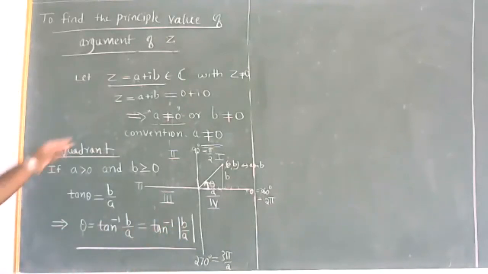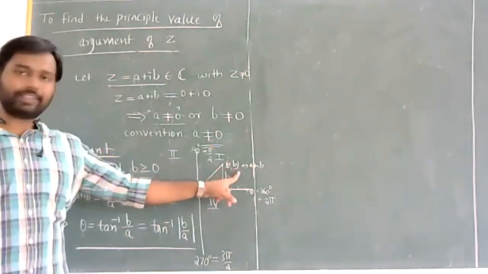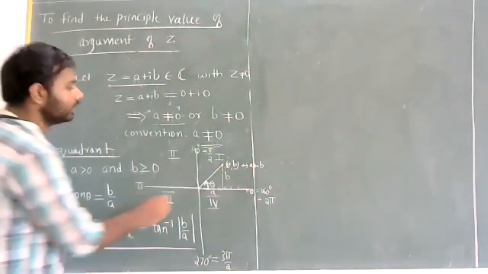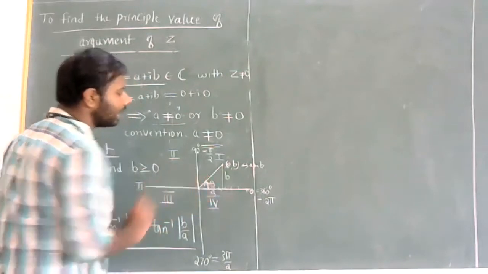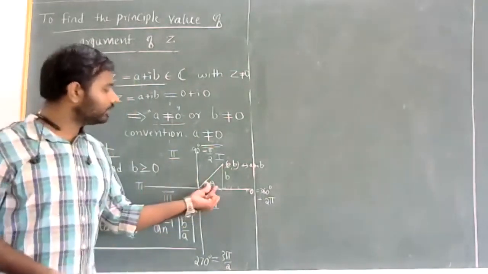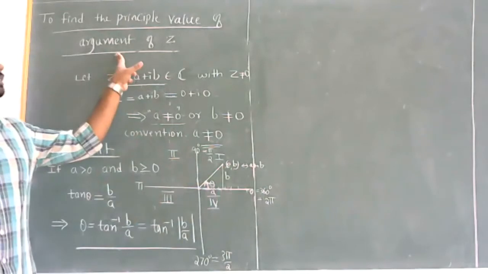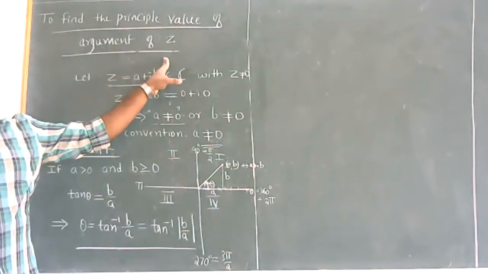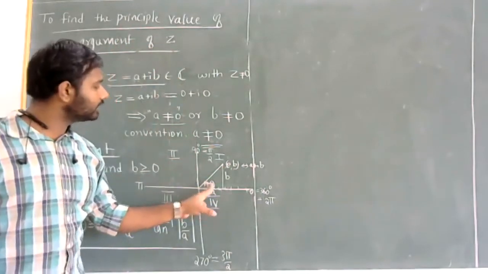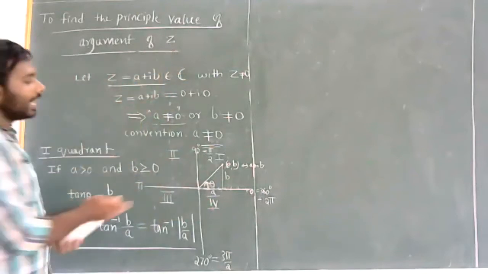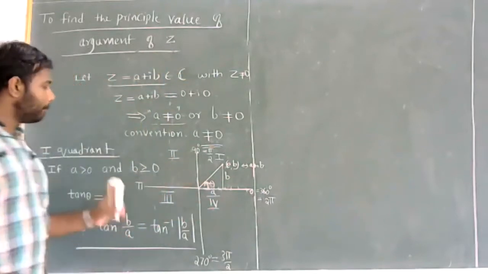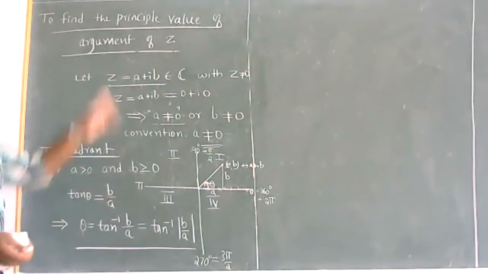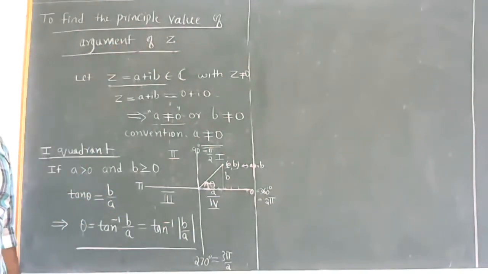So whenever the given complex number lies in the first quadrant, the measure of this angle will be nothing but the principal value of argument of z. The measure of this angle will be argument of z, and as it lies between -pi and pi, it will be the principal value of argument of z.